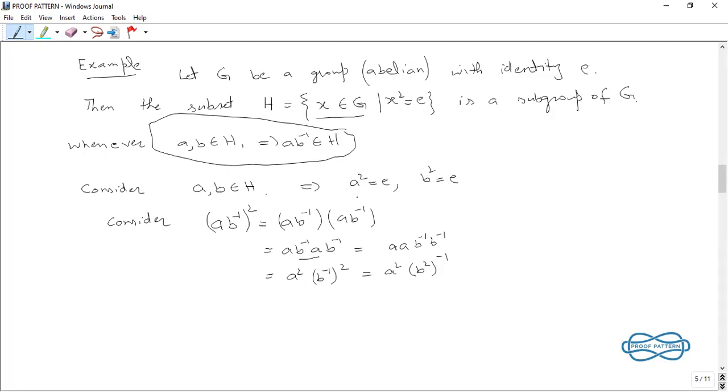We know that A square is identity and B square is also identity. So E into E inverse, which is E into E, which is E. So A B inverse square is also identity, so A B inverse belongs to H because H consists of all those elements of G whose square is identity. This means H is a subgroup of G. This is what we wanted to show.